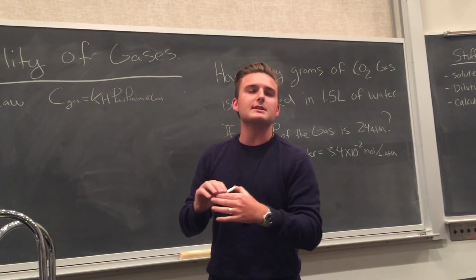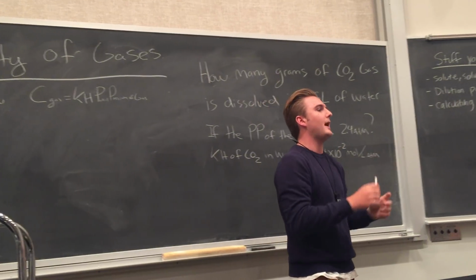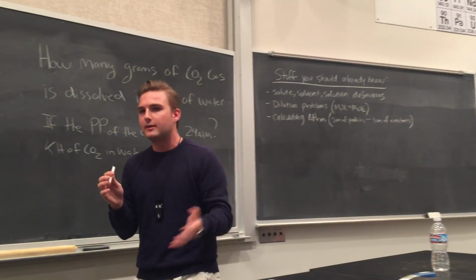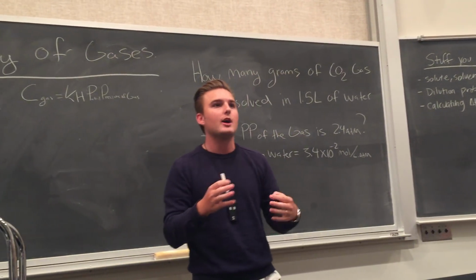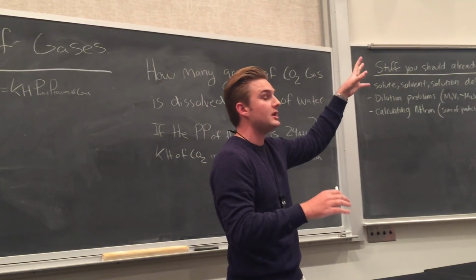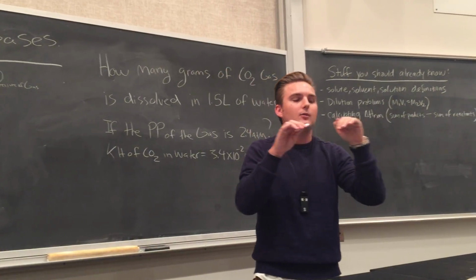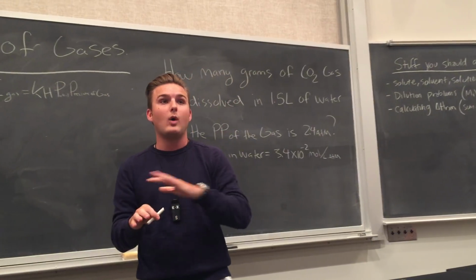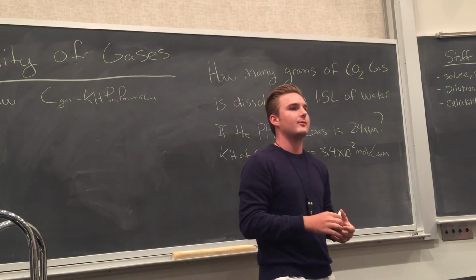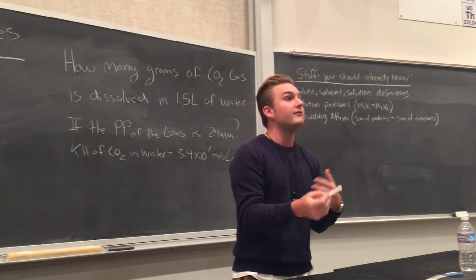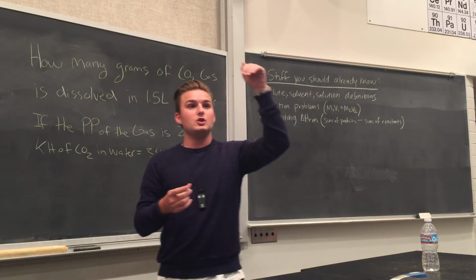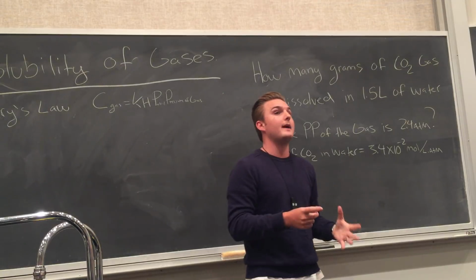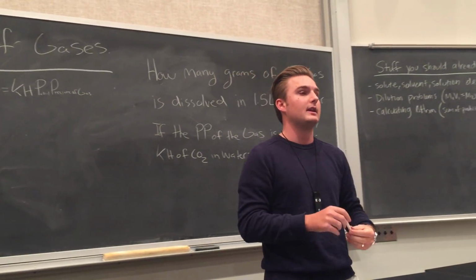Remember the example with the nuclear power plant and the river water: they were cooling whatever they were doing with the river water, but that heated the water up, which was bad for the fish because oxygen in the atmosphere wasn't able to dissolve into the water very well, so the fish weren't able to breathe, right? So temperature will affect a gas's ability to go into a liquid in that manner. Colder temperatures are better for the examples that we've been given in class, okay?